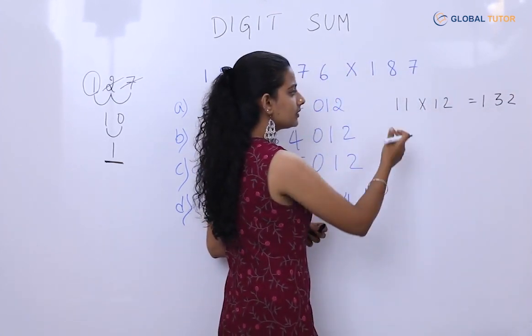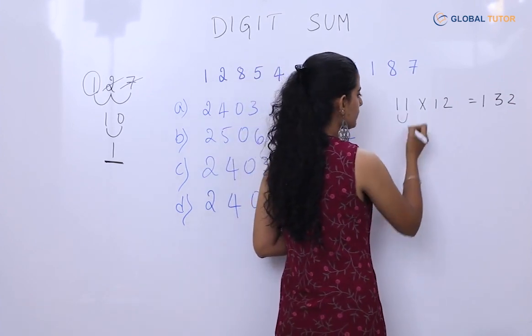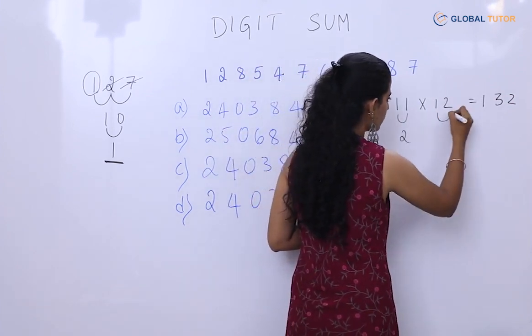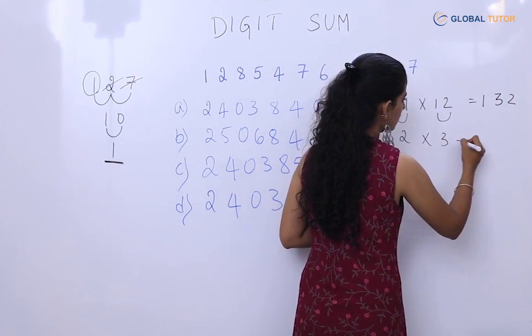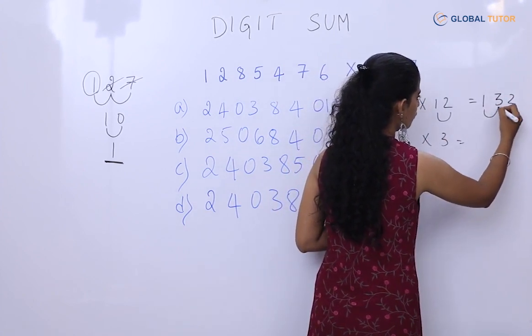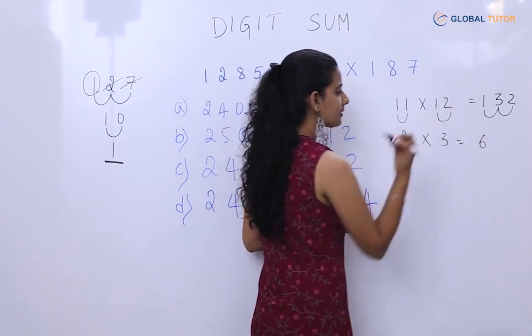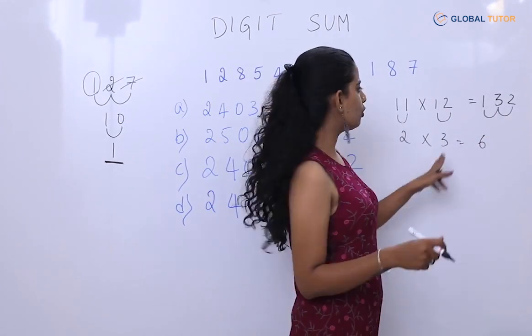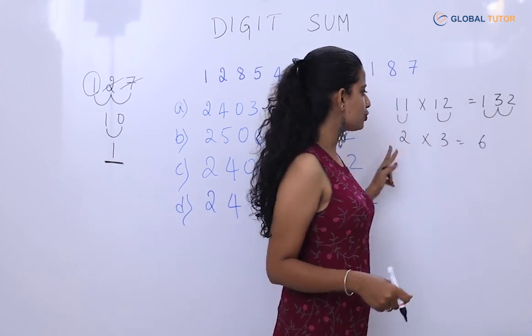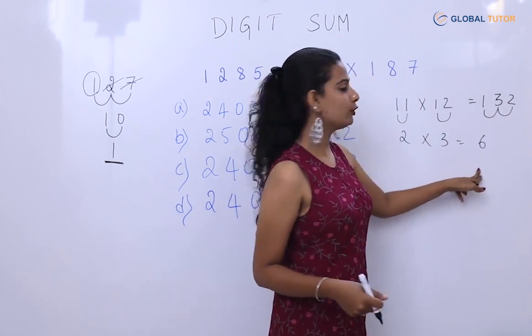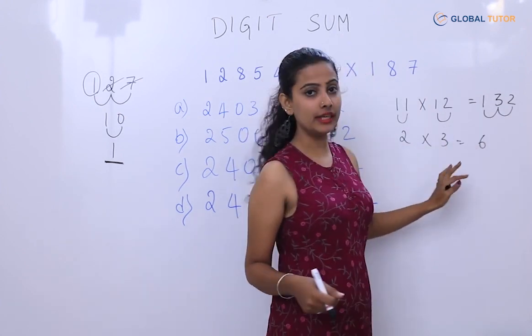Now let's do the digit sum. 1 plus 1 is 2. 1 plus 2 is 3. And here 1 plus 3 is 4, 4 plus 2 is 6. So if you see, 2 into 3 is 6. Now you got option 1, 132, you check the digit sum and then you click the right answer as 132.